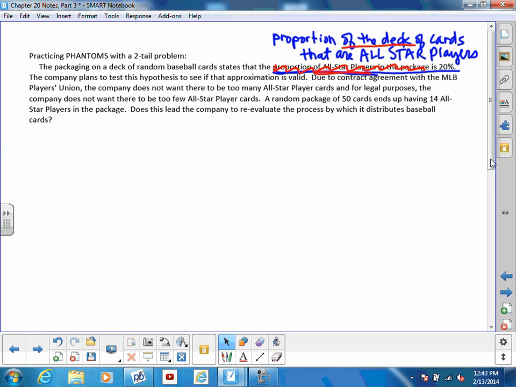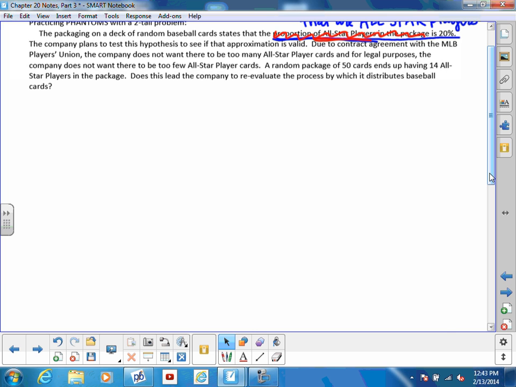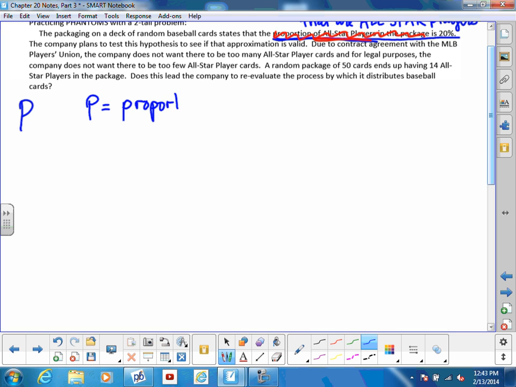Okay. So we will start our model with what? P. P is the population parameter. So what is the population parameter? The proportion of the deck that is all-star players. Good, because that's correct.